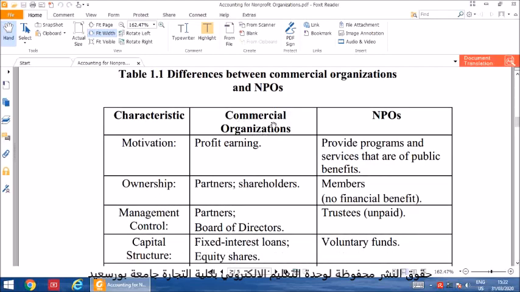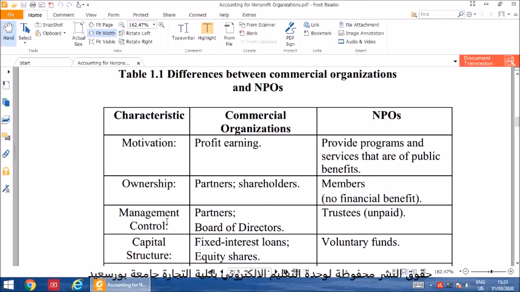Commercial organizations, ownership: partners and shareholders. In non-profit organizations, members, no financial benefit for these members.